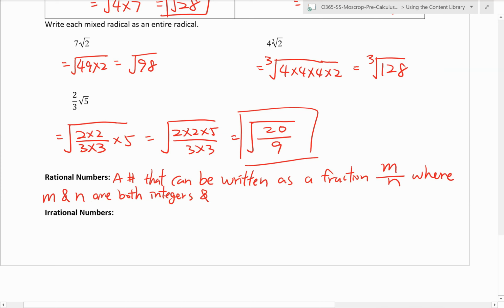And of course, n cannot equal 0. We cannot divide by 0. So any number that can be written as a fraction m divided by n, where m and n are both integers and n cannot equal 0, is what we call a rational number.